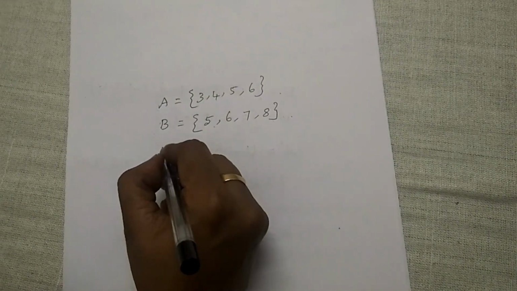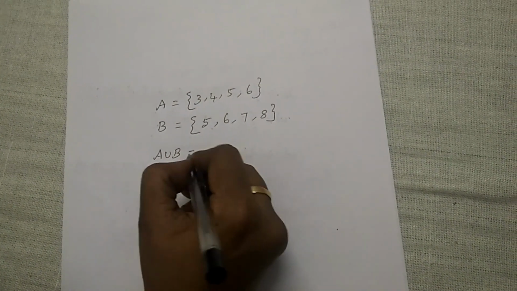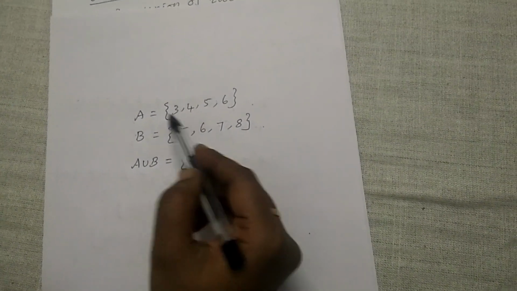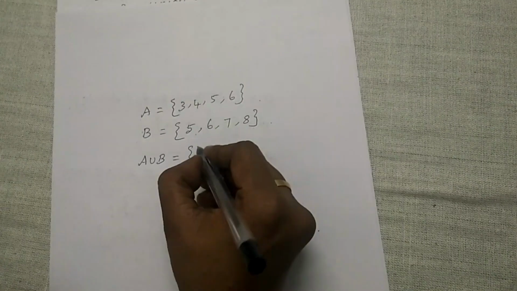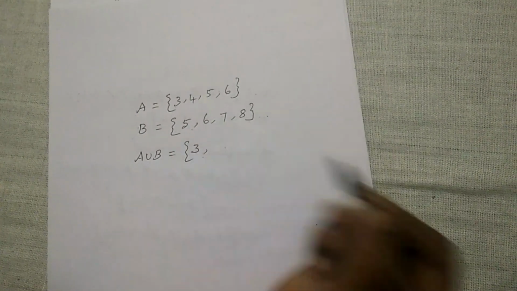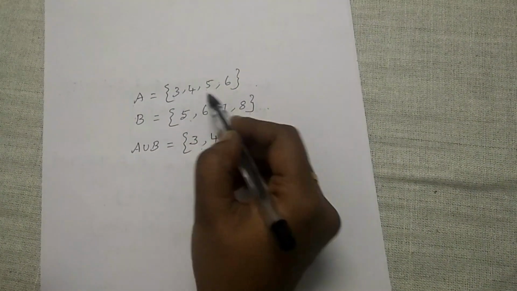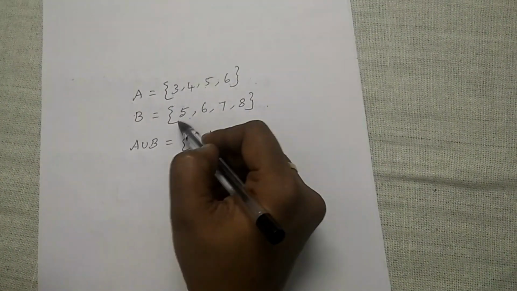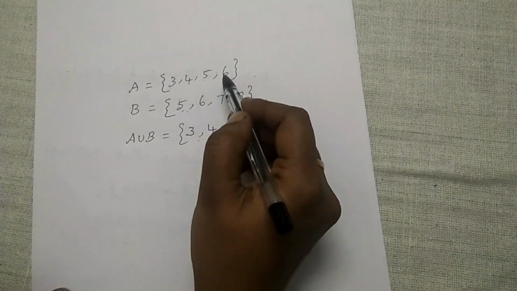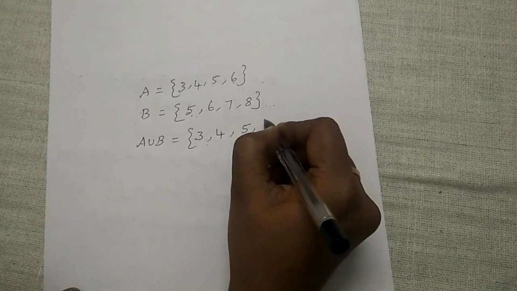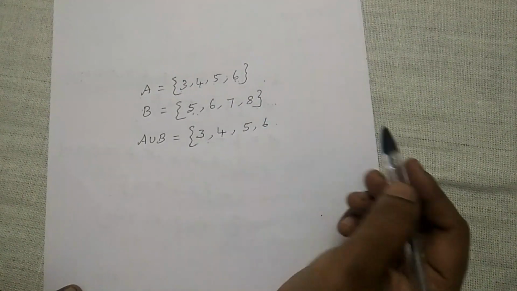Here, how can we find A union B? 3 is in set A alone, so we write 3. Then 4 also. Then 5 and 6 are available in both, so you should write them one time only.